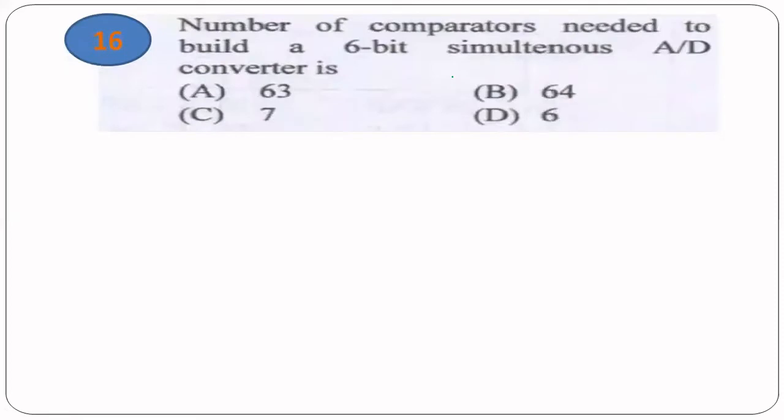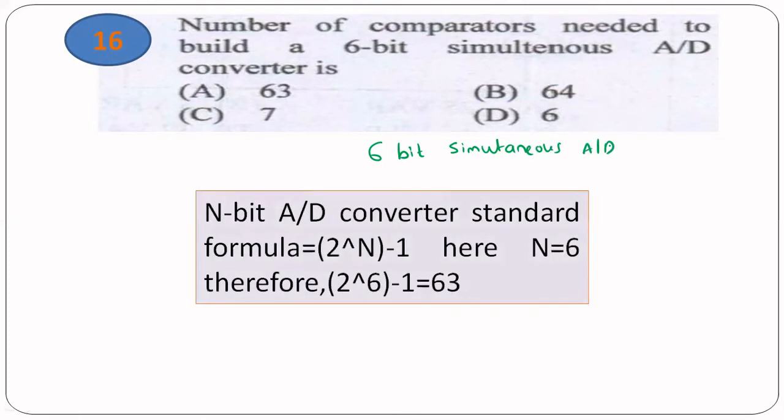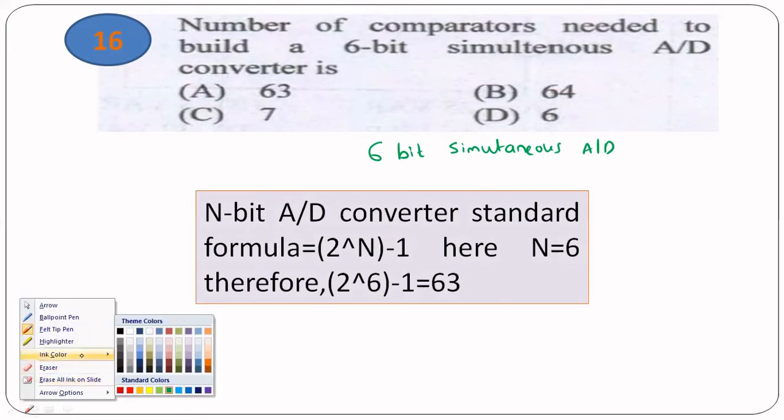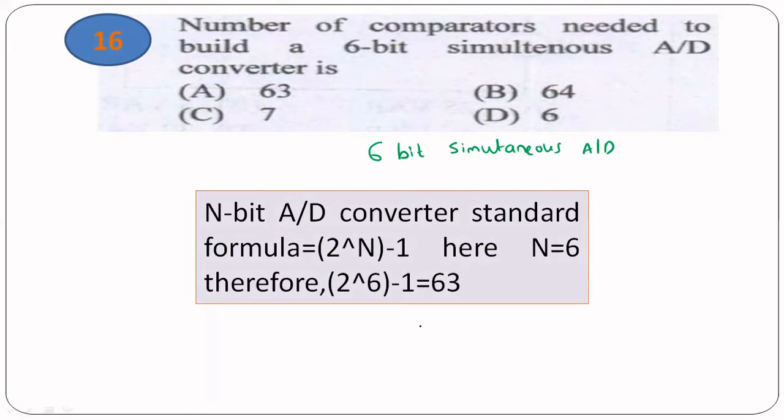Then, the number of comparators needed to build a 6-bit simultaneous A to D converter. The formula here, as you can see, is 2 to the power n minus 1.